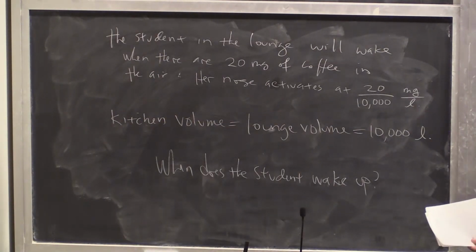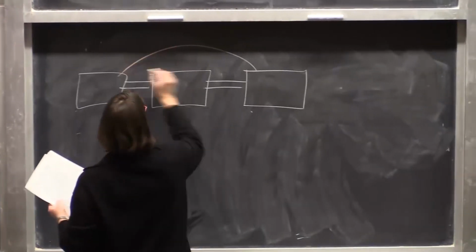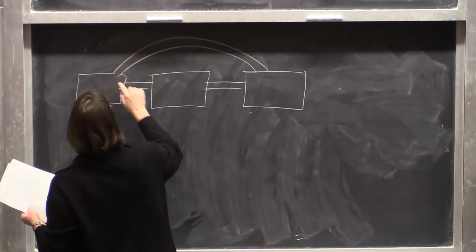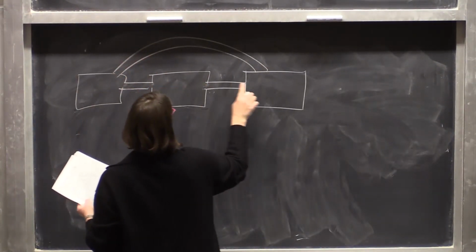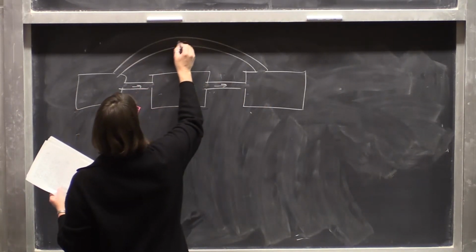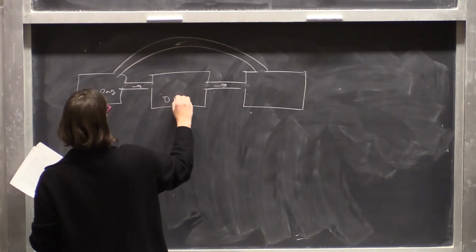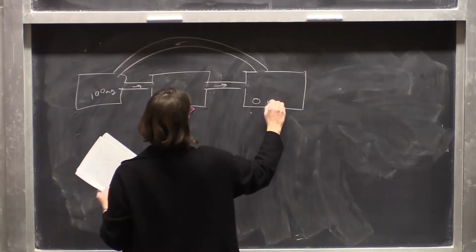Then we have the analogous questions. We could have 3 rooms. Here we would initially have 100 milligrams, no milligrams, no milligrams.